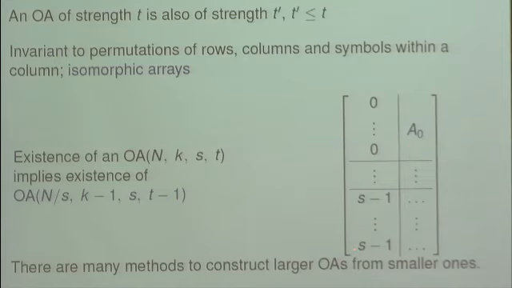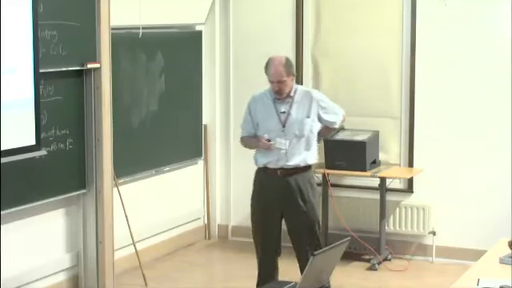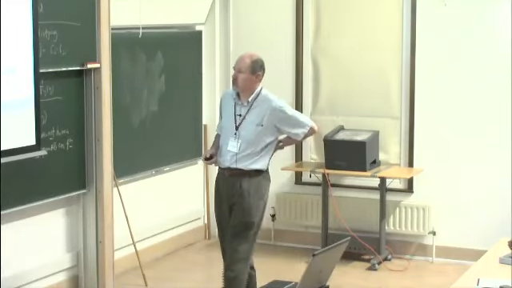And then you simply pick this subarray here that corresponds to the zeros in the first column. You drop that first column, only keep this subarray over here, and you can easily check that it has these parameters. And that's important for something that I'll talk about in just a moment.